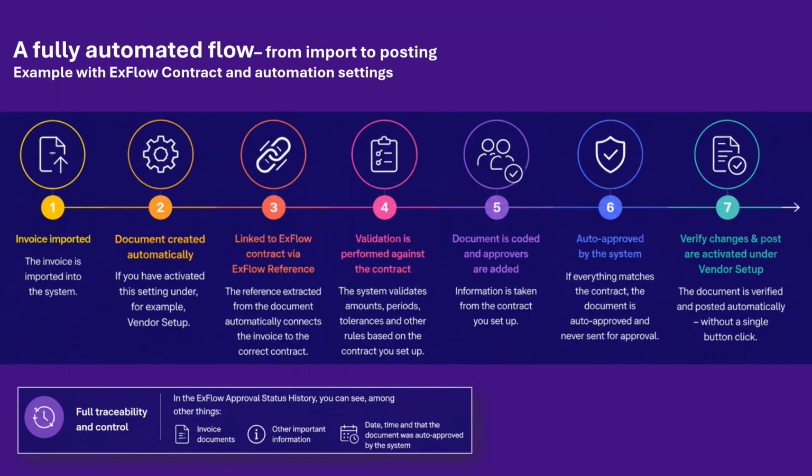And also a great thing is that you can still track this document. You can find it in ExFlow approval status history later. You can see dates, times, the document, that it was approved by the system, and so forth.